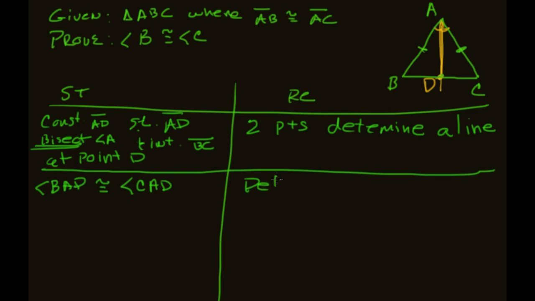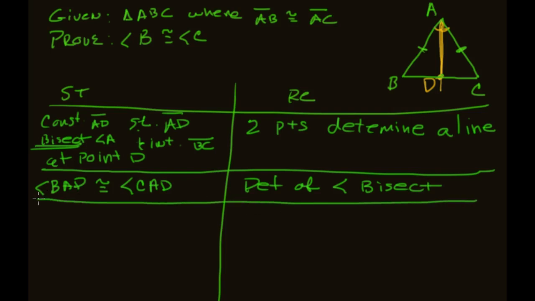So that's the definition of an angle bisector. Okay, so that's great. So I know these angles are congruent. I also know that segment AB is congruent to segment AC because that's part of the given of the problem.